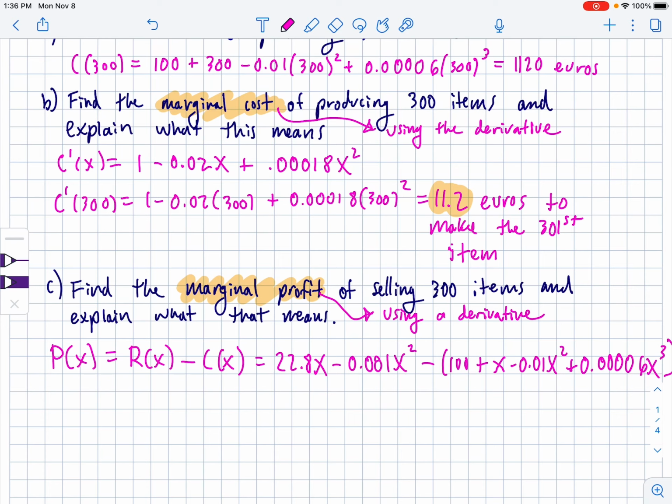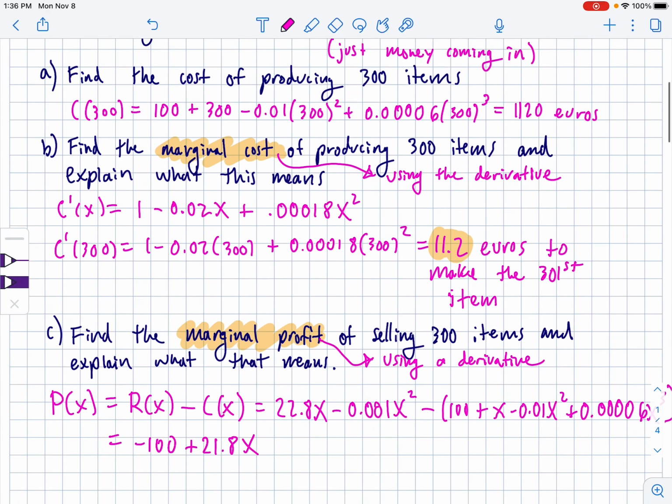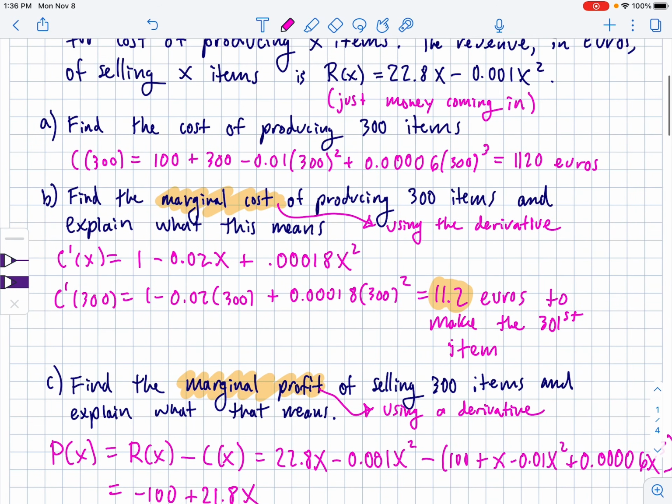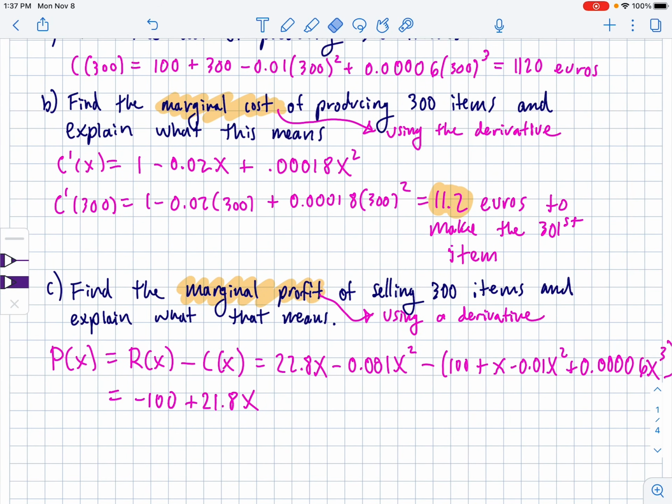Let's go in reverse order. Profit is going to be negative 100, but then the negative x would combine with 22.8, so that would be plus 21.8x. Then the negative 0.001 would be combined with the positive 0.01.